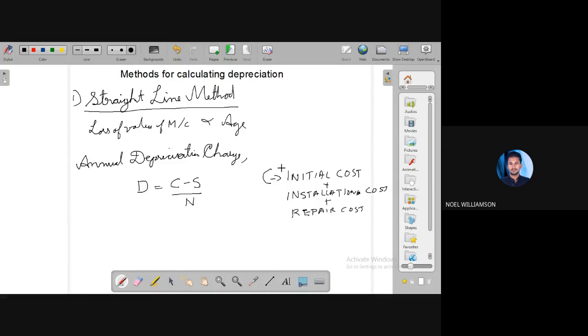That means you have bought the product for some money, and after the useful life, at any time, you will get a value. So the net value, that is the value of the product or the amount which will be spent, is the scrap value or the salvage value.